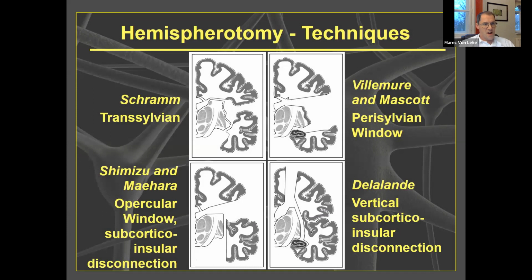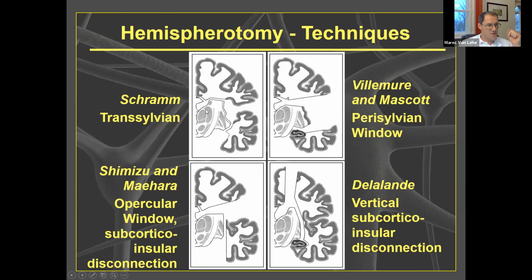So now we start talking about the techniques of doing hemispherotomy. Here are three typical lateral approaches doing the disconnection, and we hear about them later. We hear about this technique, the vertical hemispherotomy. About these issues we will talk about later.